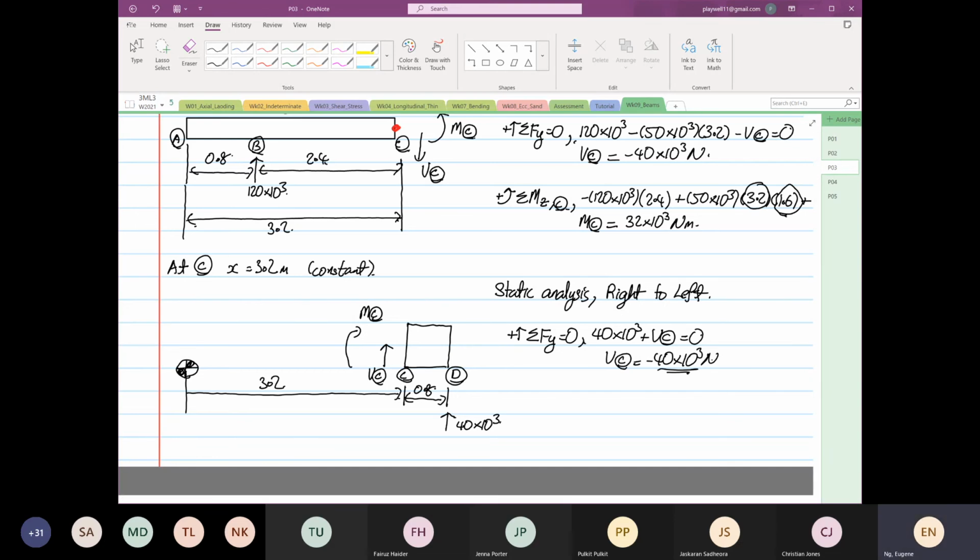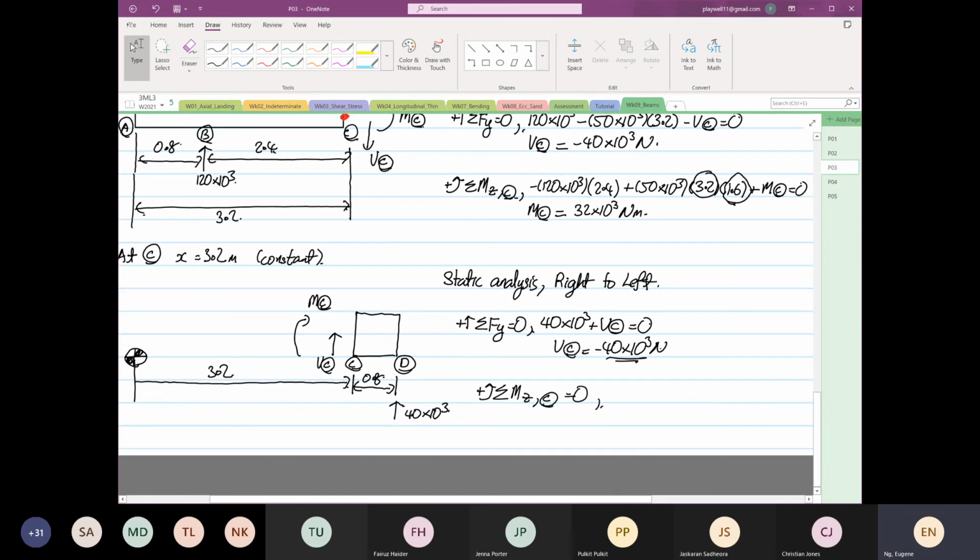And then we do the summation of moments in the Z direction exactly at point C, equal to 0. So now we are taking our moment here.